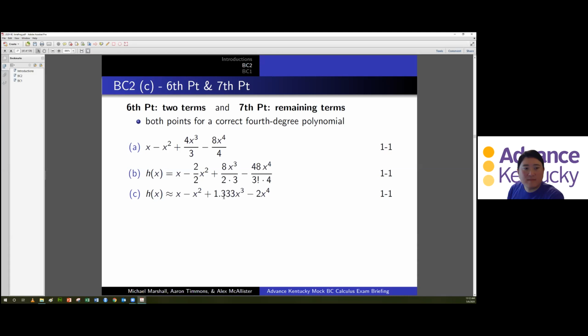Or we might see some algebraic simplifications, right? Maybe we'll see that instead of 4/3 on the cubic term, maybe we'll see 1.333 and write them using that 3 decimal place expression for 4/3, and that would be something that would allow them to earn both points.